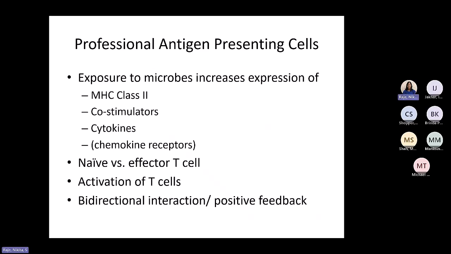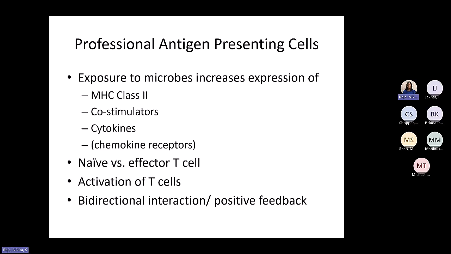So when there is exposure of microbes, when these antigen presenting cells are in the periphery or in the tissues where they are lined up and they come across these microbes, they are going to get activated, and they're going to increase the expression of molecules that will help them in their job.